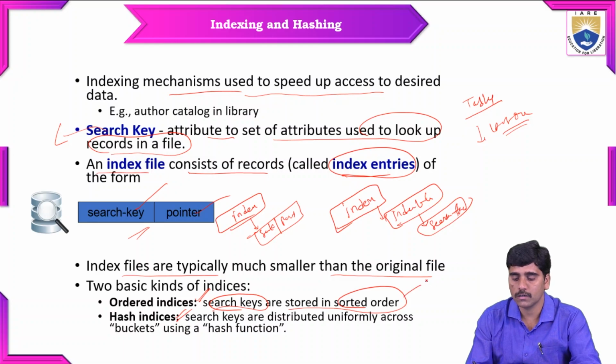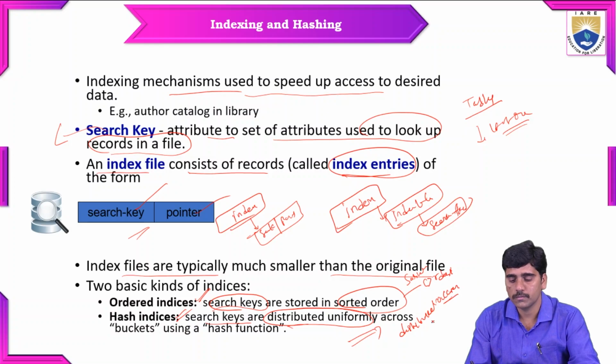In hash indices, search keys are distributed uniformly across buckets using a hash function. So they are distributed across the buckets using a hash function.